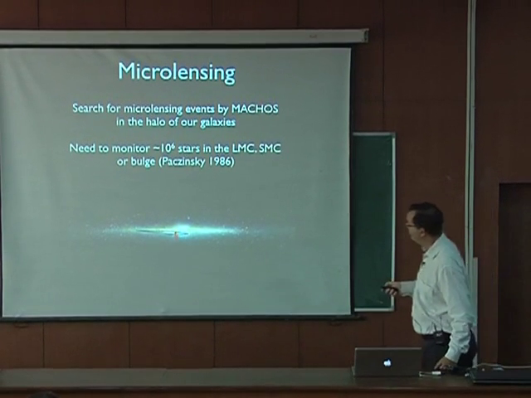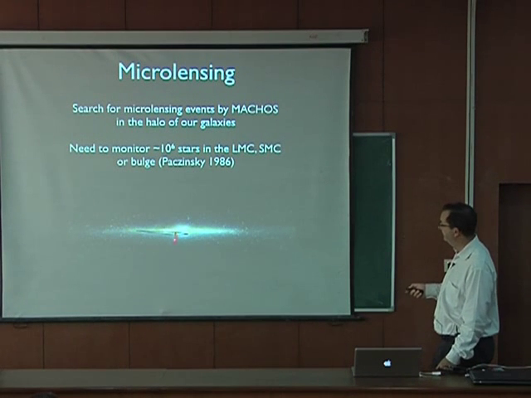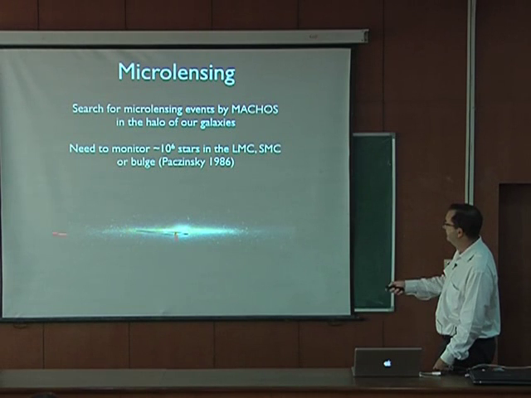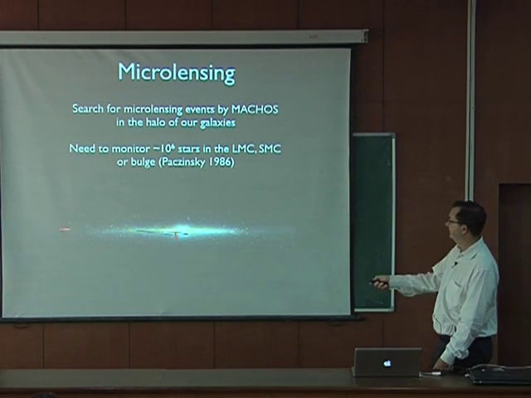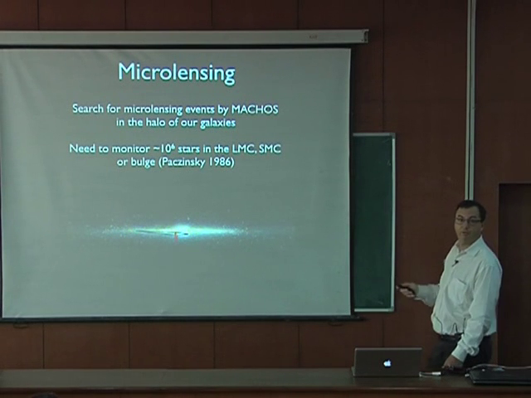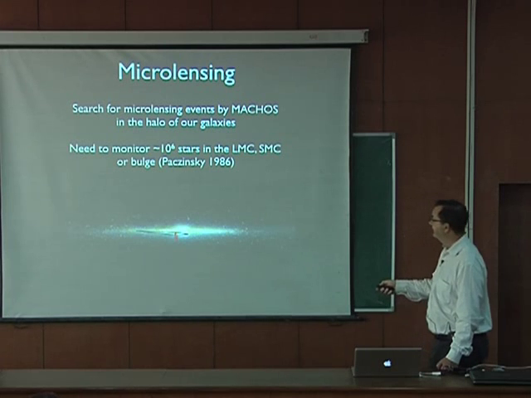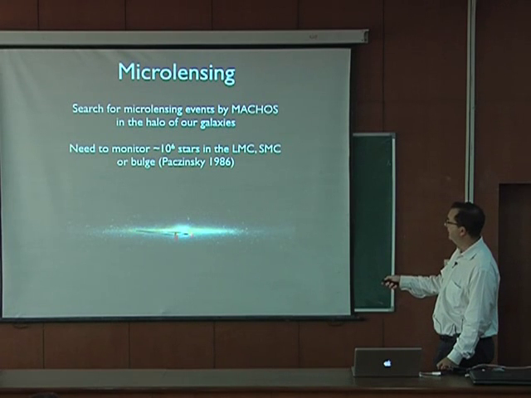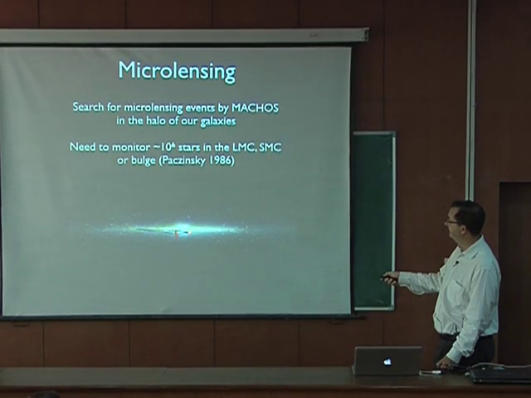So the idea is the following. It's also a bit hard to see here. So let's suppose we're here. This is the plane of the Milky Way. That's the bulge of the Milky Way. So we're here. The sun is here, about 8 kiloparsec away from the center of the Milky Way. And then let's suppose that we look at a star, let's say in the bulge of the Milky Way. This is the yellow dot here.